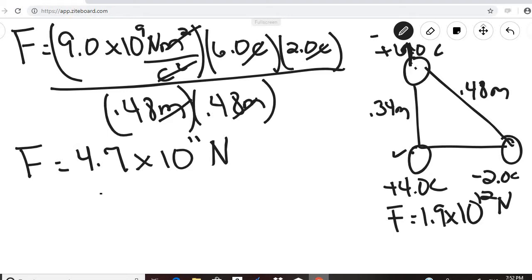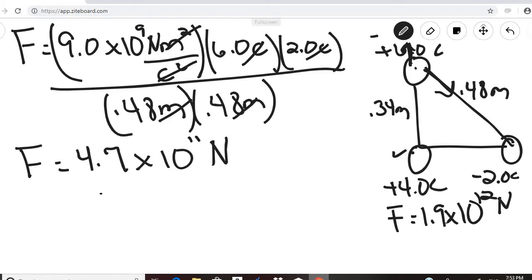Okay, so we have our two forces, and since this force is going to be pushing that way, and this force, because they're going to attract each other, is going to move it toward that way.